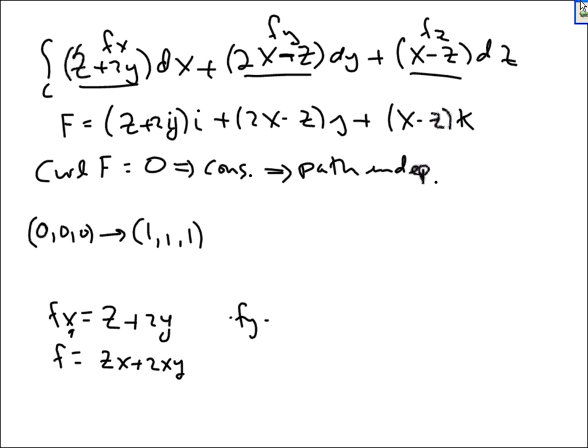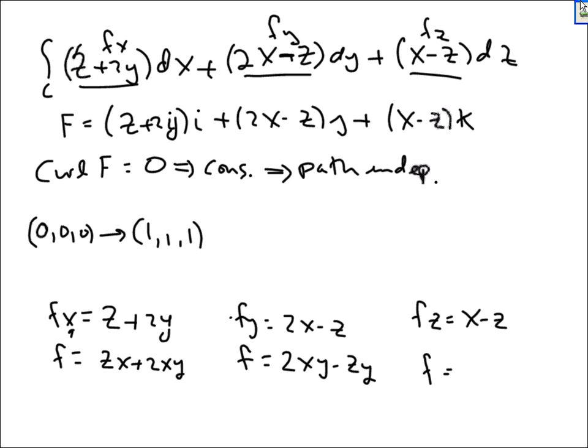And if fy is 2x minus z, there's no y's in there. So multiply by y. Fz is x minus z. So f must be xz minus z squared over 2.